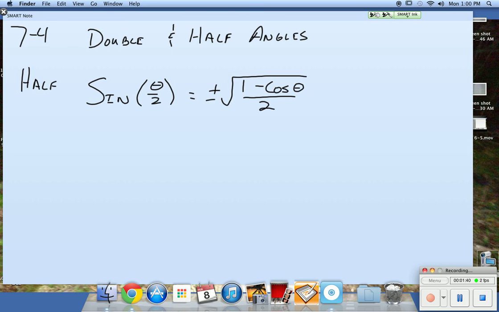Cosine of theta over 2, or a half angle, equals plus or minus the square root of 1 plus cosine of theta, over 2.